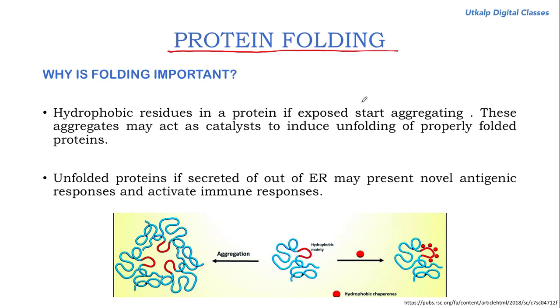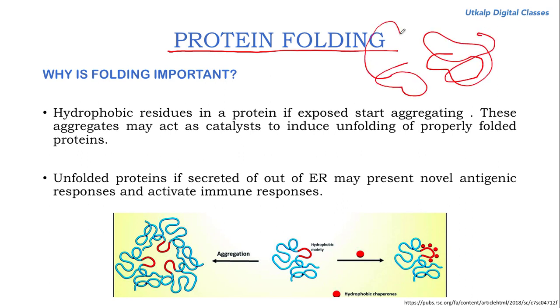Now, why is folding important? Why can't all the proteins in the cell be in a random, haphazard shape? Folding is extremely important because every protein is composed of two types of residues, hydrophobic and hydrophilic. Obviously, neutral residues are also there, but the hydrophobic residues are the ones which are a menace to the cell.